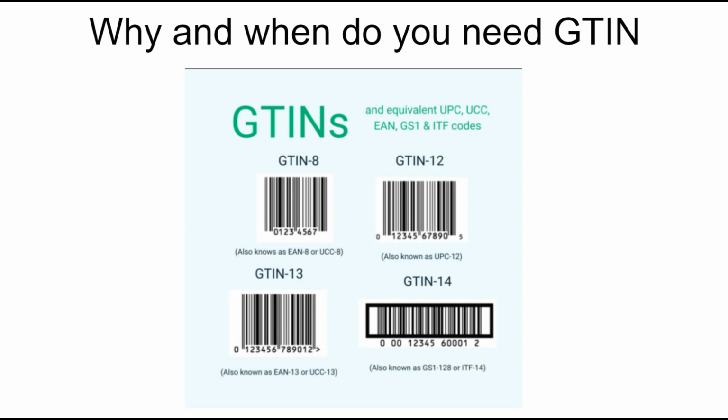The GTIN 13 is used outside of United States and Canada and is encoded as an EAN 13. ISBN, the International Standard Book Number, is a unique commercial book identifier by barcode. When you are selling a product made by a manufacturer, then you would require a GTIN.